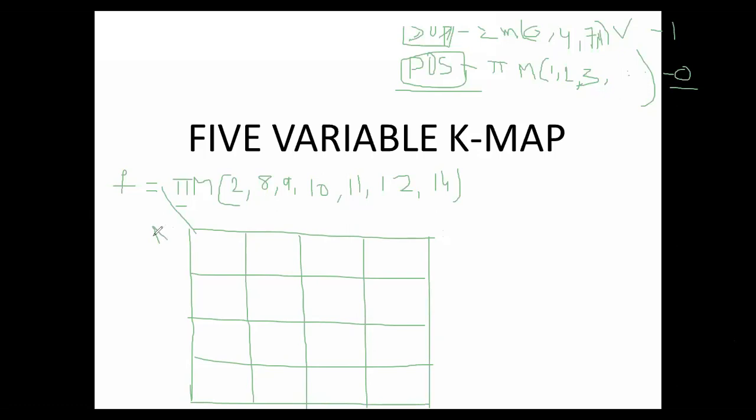Here we are taking 4 variables, which we take as A, B, C, D. So what are the combinations here? 0 0, 0 1, 1 1. Remember this sequence. This belongs to Gray code. Do you remember? In Gray code, we have only one bit change for successive numbers.